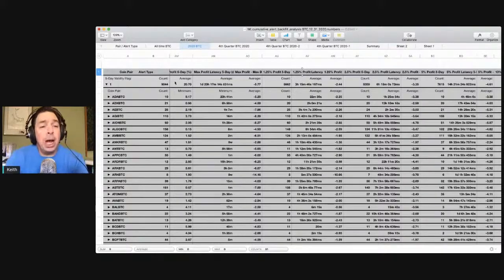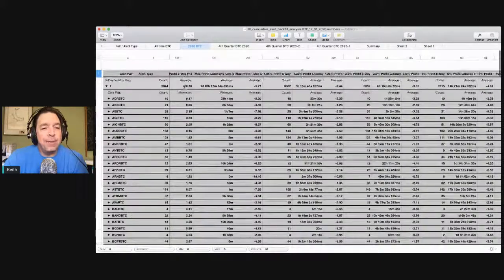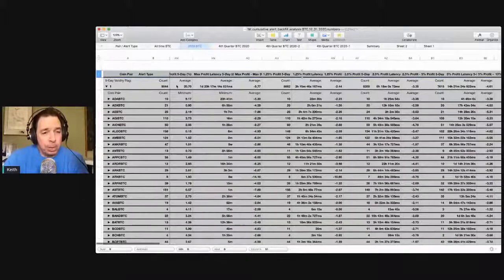So over 9,000 signals on BTC pairs for 2020. They averaged, in a 5-day period, the average, mind you, was 20.7%. That's a cumulative average from each of these different trades.